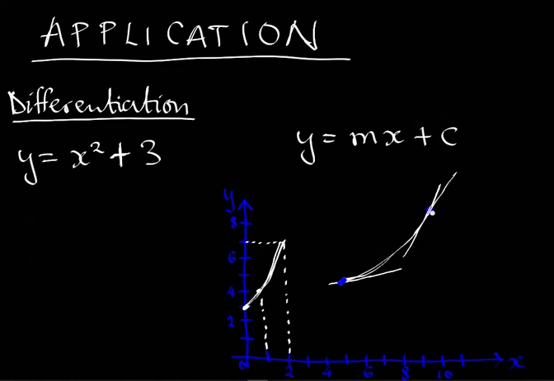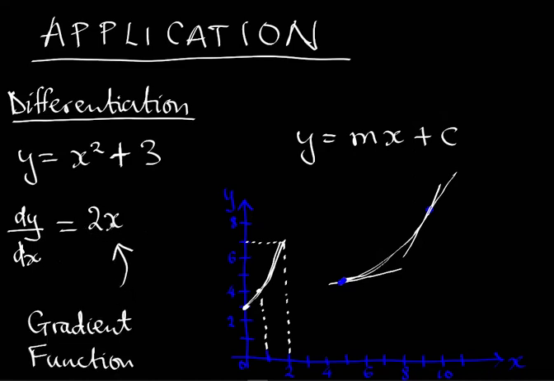Calculus helps us find the exact value. So if we differentiate this, we're going to have 2x, right? So this function here is termed as the gradient function.